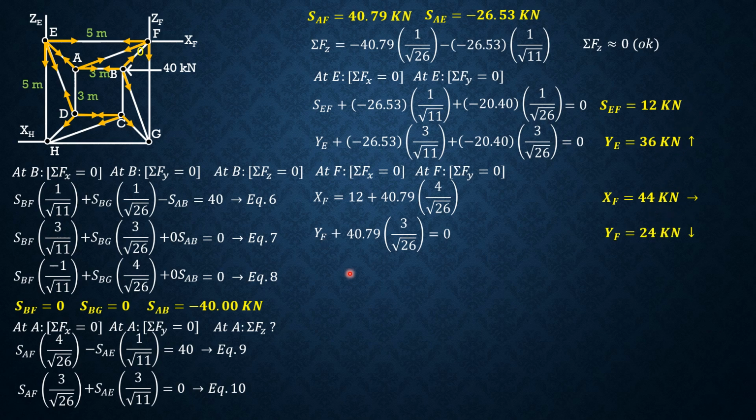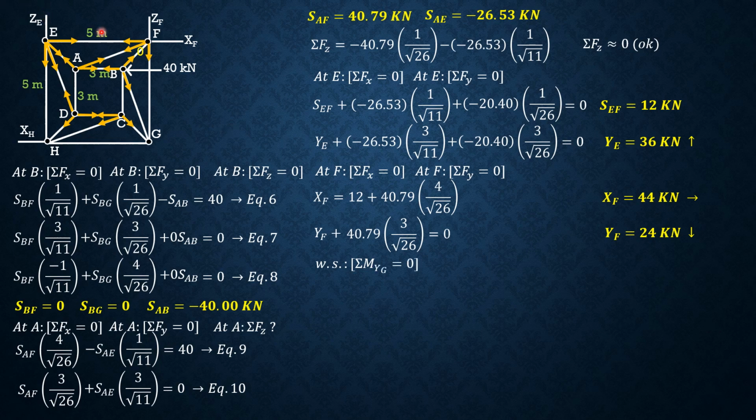So YF is negative, that means YF is downward. So 24 kilonewtons downward. So 36 here upward, 24 here downward. Then we cannot sum up forces along Z because there are two unknowns, G sub F and this force in FG. So instead, we go back to the whole system.